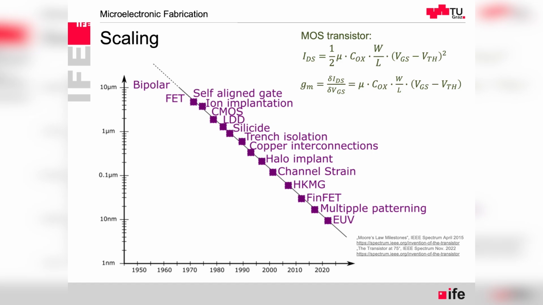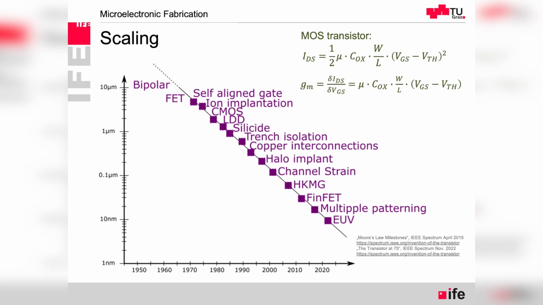For a long time, somewhere between the 70s and 2000, for this approximately 30 years, the technology node was telling us what is the minimum channel that we can produce, the minimum channel length. But before, for the bipolar technologies, it's not an obvious thing how we define it.